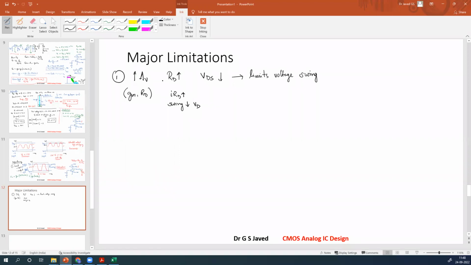Right? So if you want to increase the gain by increasing RD, your swing will get limited as your VDS will become smaller. Second, increasing RD is difficult to fabricate because it occupies more chip area.